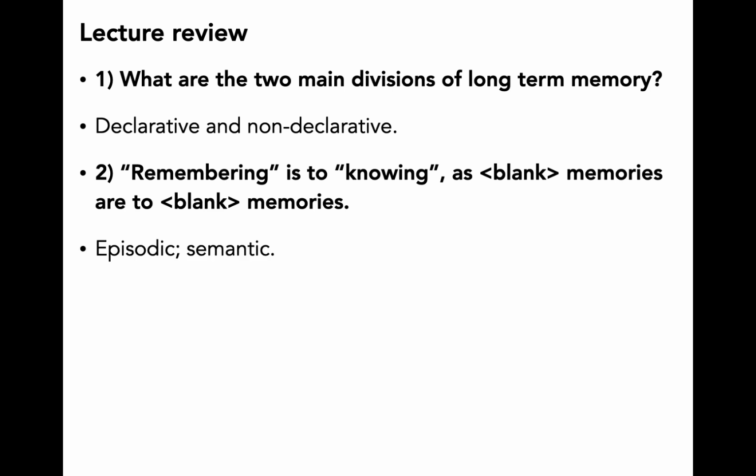So those memories are episodic and semantic. We can think of episodic memories as things that you remember, right? They're tied to episodes, events. Semantic memories are things that you know. And as we learned in this lecture, with time, episodic memories lose their episodic character. They become more fact-based. They become more semantic in nature.